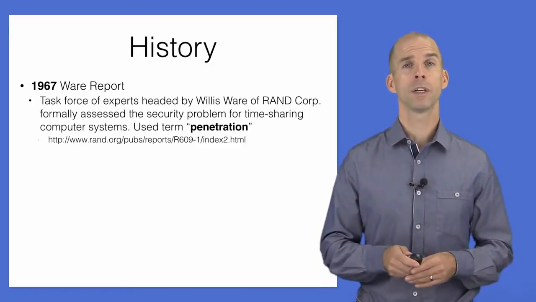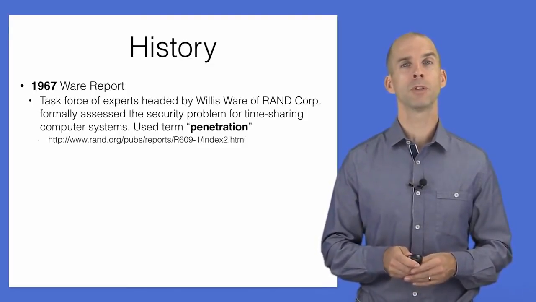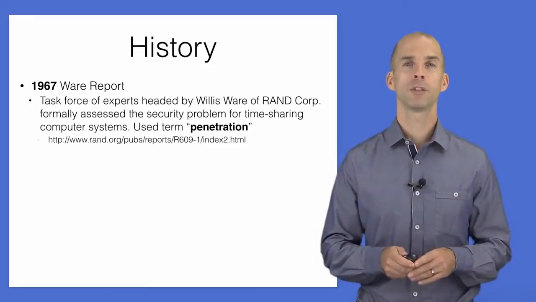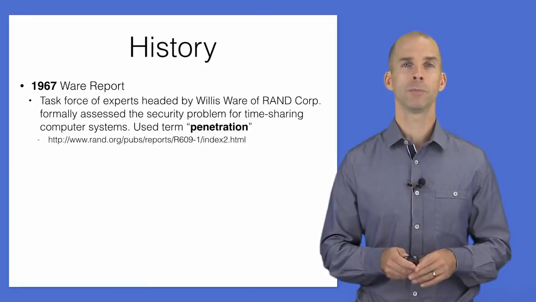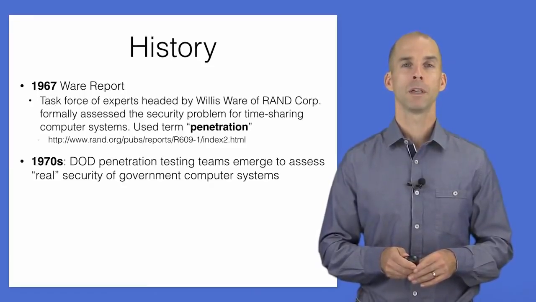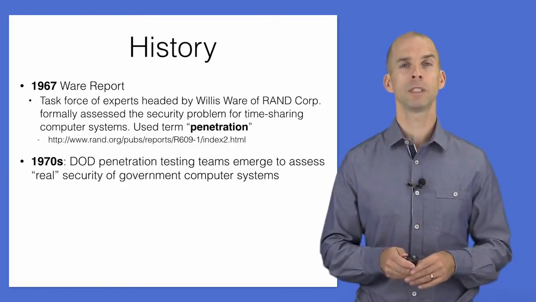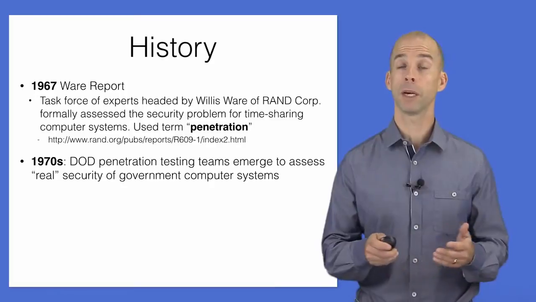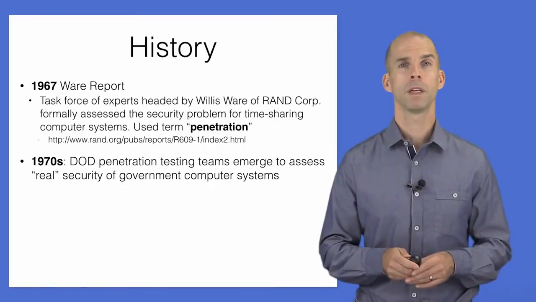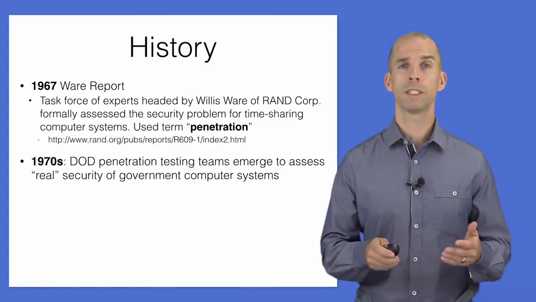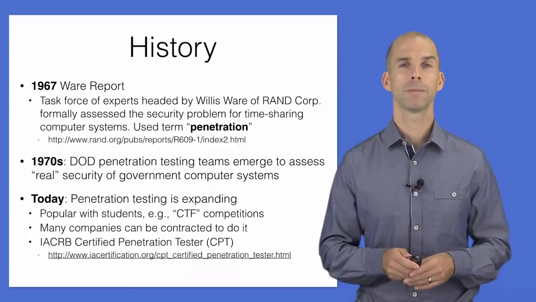Relevant to our current discussion, the report also used the term penetration to describe a successful attack on a computer system. By the 1970s, the government was regularly using teams to assess the security of computer systems by trying to penetrate them. These teams were referred to as red teams or tiger teams.